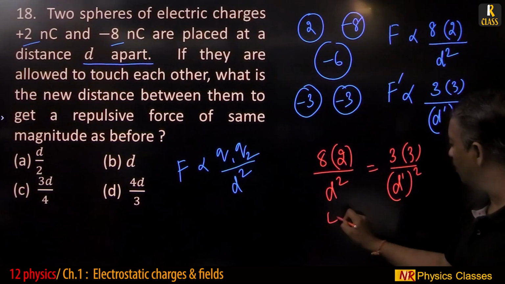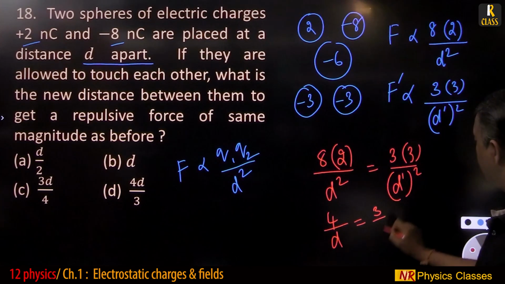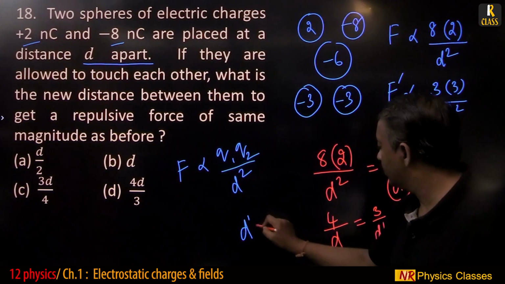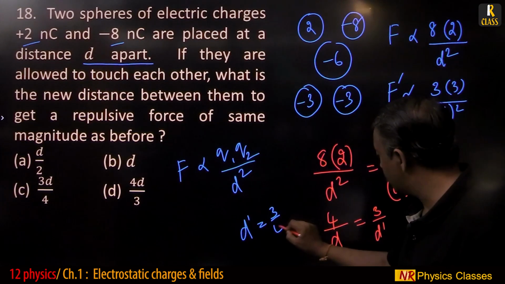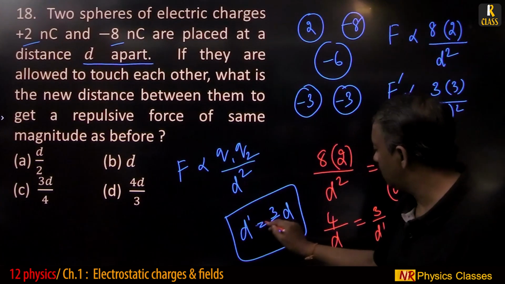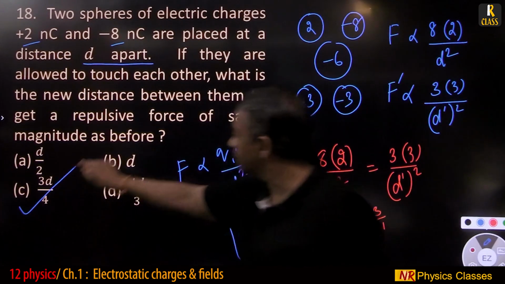Square root is 4 by d. This is 3 by d dash. So d dash is 3 by 4 times d. This equals 3 by 4 d.